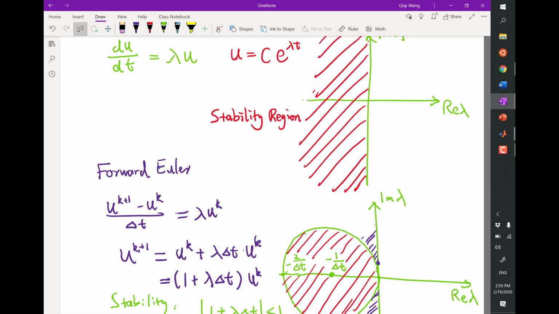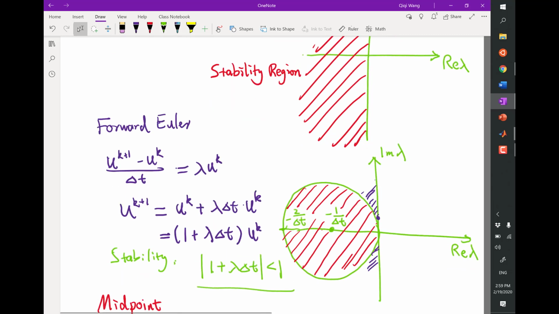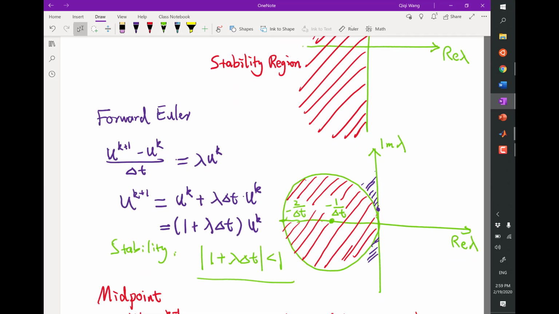The stability of a differential equation, du dt equal to lambda u, is very different from the stability of an iteration, for example u_{k+1} equal to a number times u_k. For the differential equation, the stability criterion is that lambda has to have a negative real part.